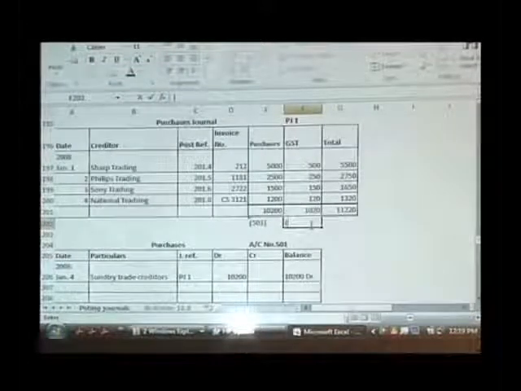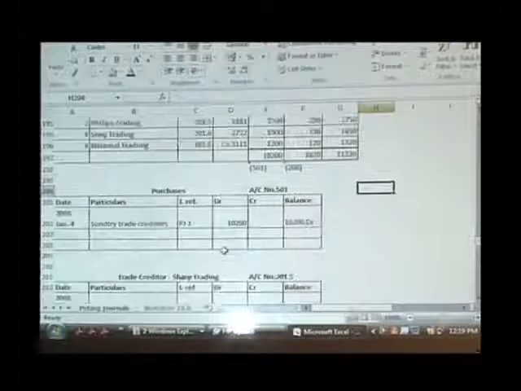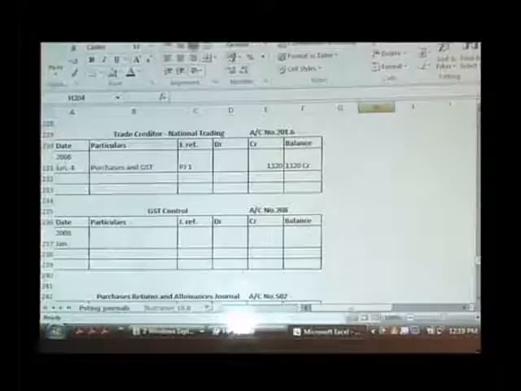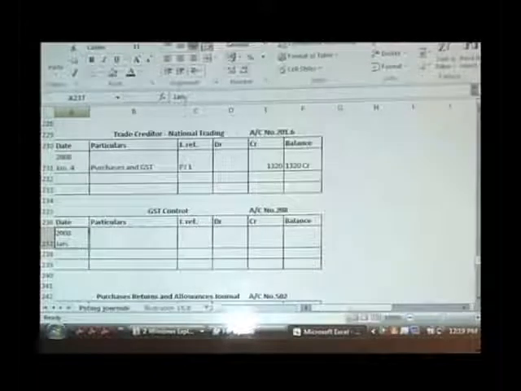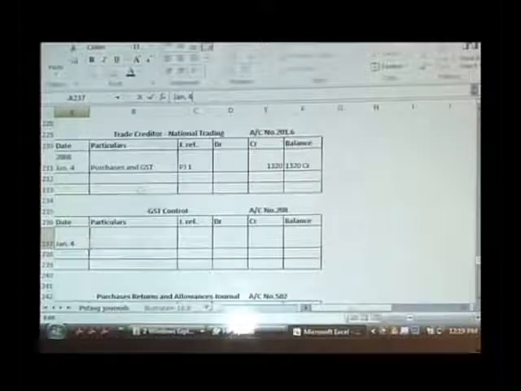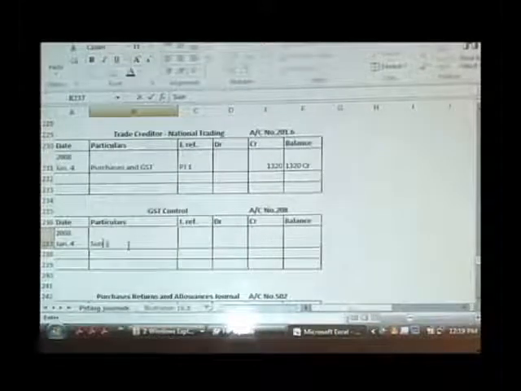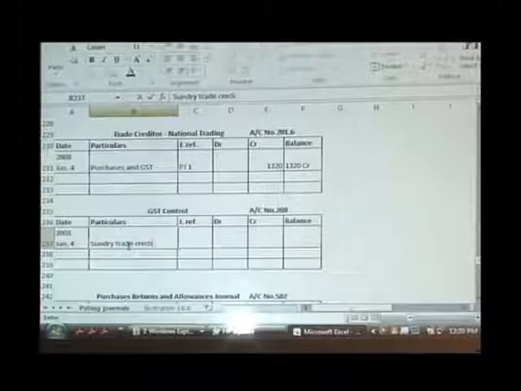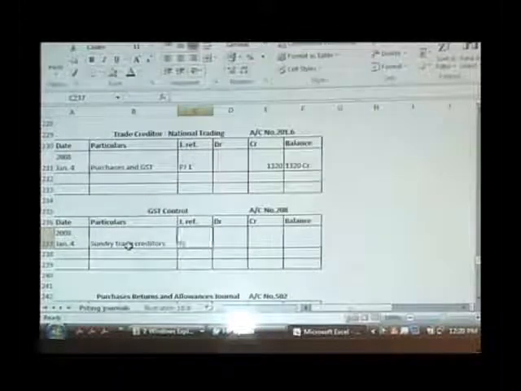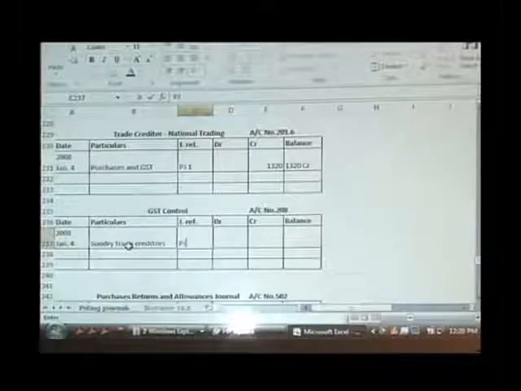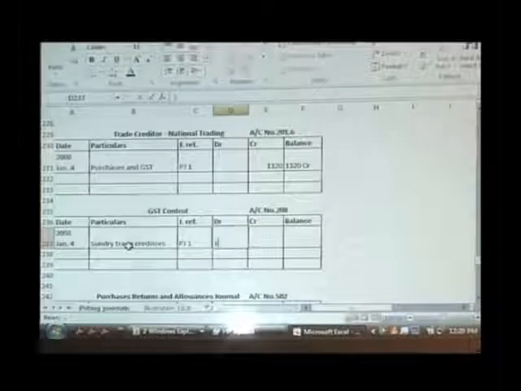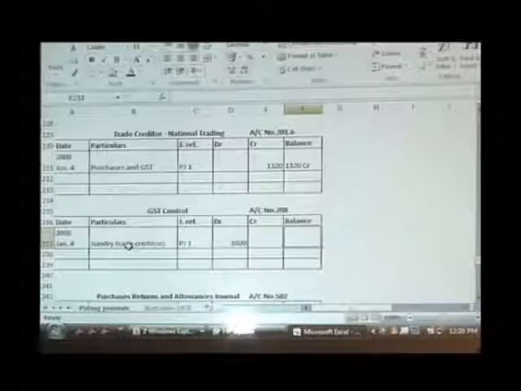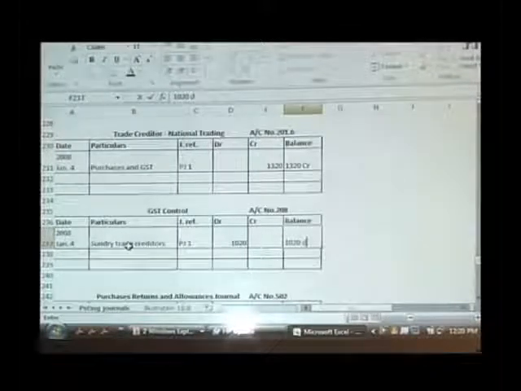GST control account, account number 208, here, date 4th January, sundry trade creditors, PJ1, 1020, it is a debit balance.